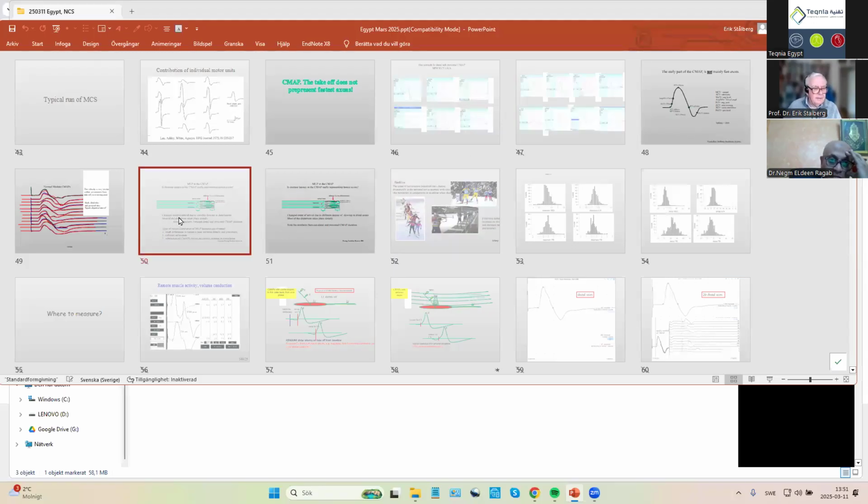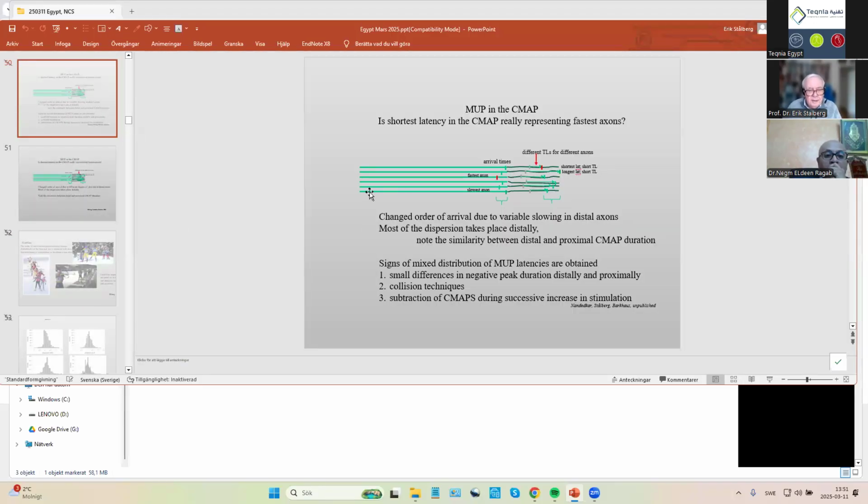That is here. If we have a certain velocity here, 50 meters per second, then we expect that after 8 centimeters, the response should come here. And that is the expected time. But it comes much later, it comes over here.